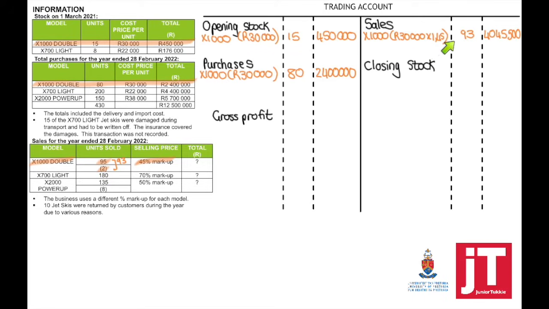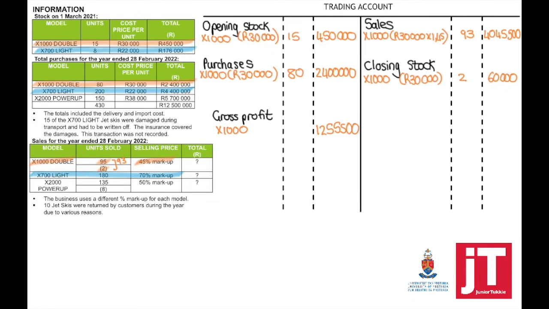That equals the number of jet skis that were sold. To calculate the closing stock, 15 plus 80 minus 93 means 2 jet skis are available. Now we can calculate our gross profit. Take the credit side minus the debit side equals the gross profit.